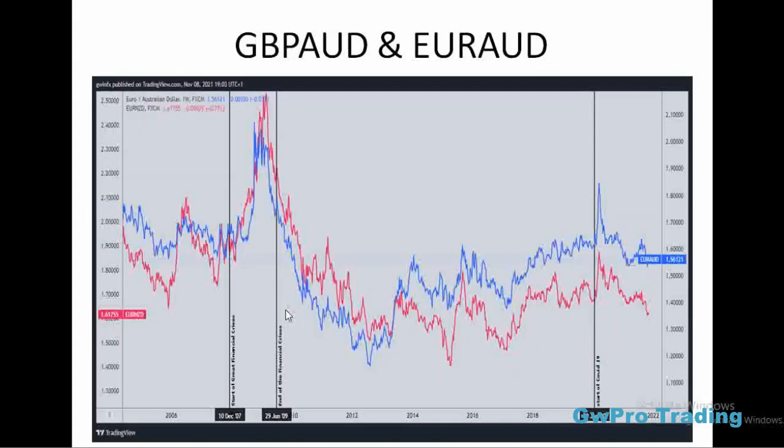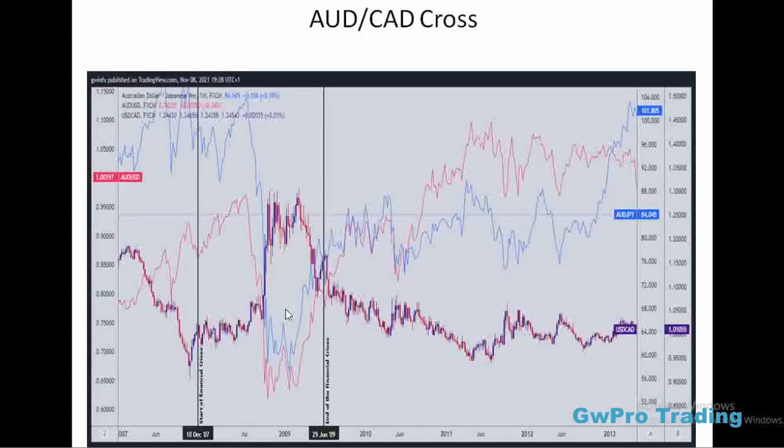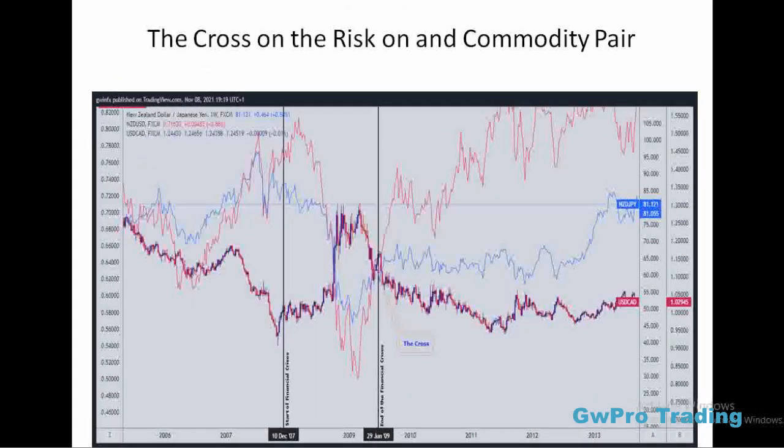See you next time. And before I go, let me also share with you what could also happen with CAD as well. You can see that during the pandemic or during the financial crisis, this is CAD. All right, this is NZD JPY, and this is NZD USD.